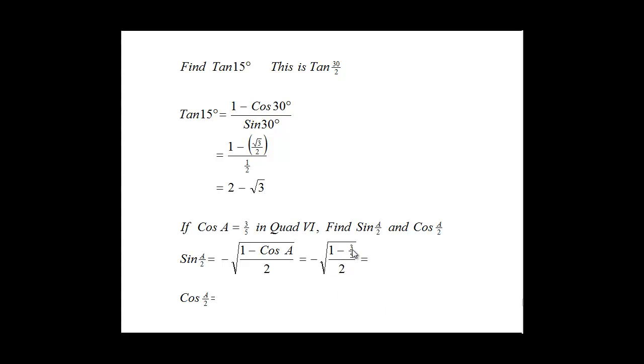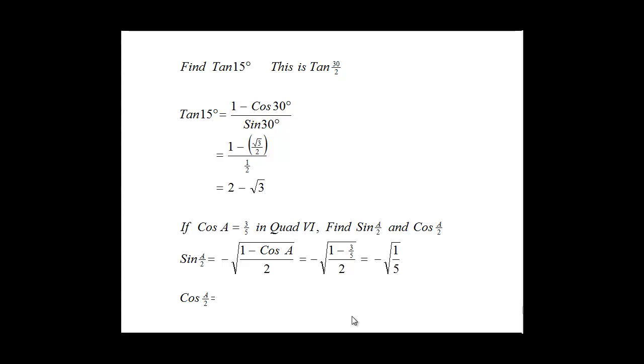So it's 1 minus 3/5 over 2. You can clean that up by multiplying everything by 5. Get 5 minus 3 divided by 10. 5 minus 3 is 2/10, which is 1/5.